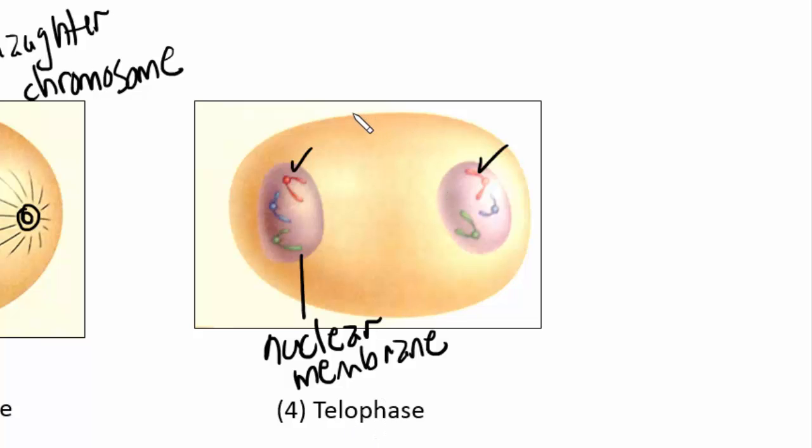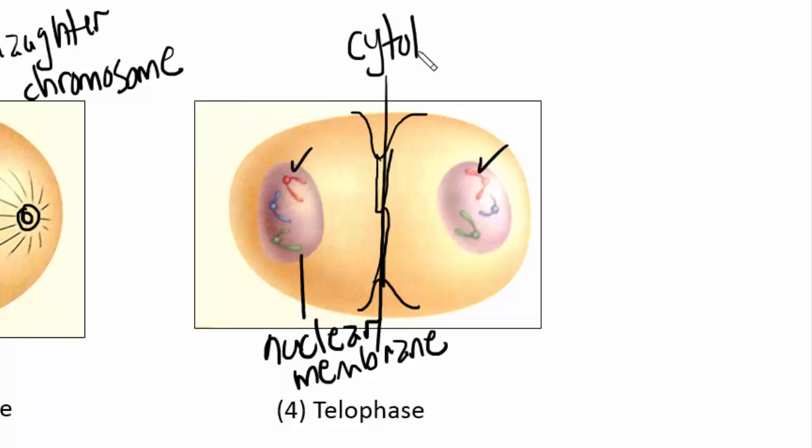The next thing that's going to happen is the cytoplasm is going to pinch in like this, a little bit at a time on both sides. And then these pieces are going to join, and the cell is going to split down the middle. That splitting is called cytokinesis, and it occurs after telophase, so it's not part of mitosis.